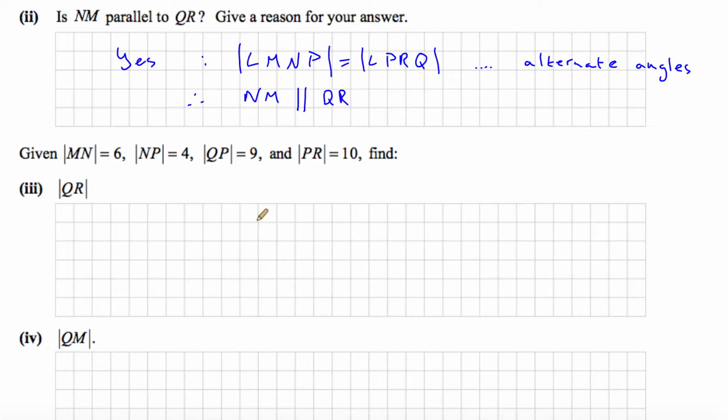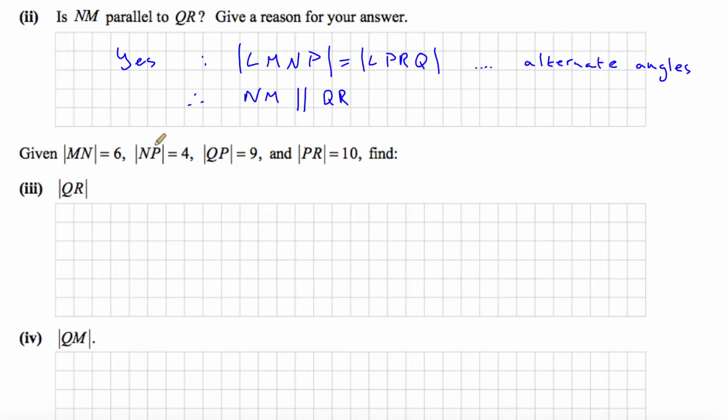Okay, given that MN is 6, NP is 4, QP is 9, and PR is 10. Find QR, the length of the line QR, and the length of the line QM. Okay, so we know that the triangles are similar because we've proved that. So with similar triangles, you can find missing sides using scale factor and so on.